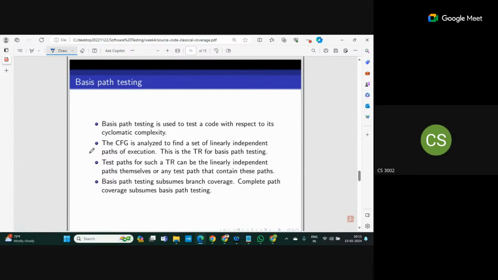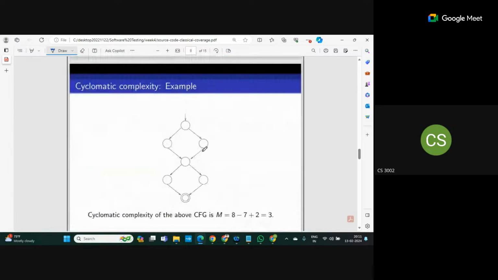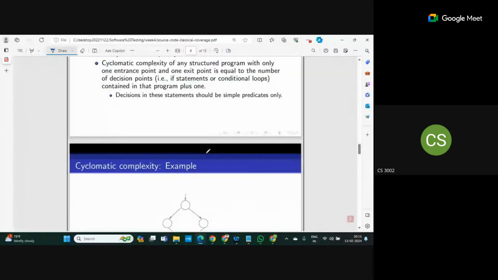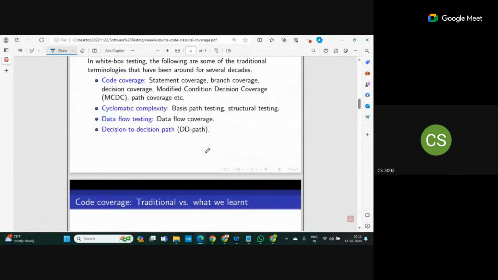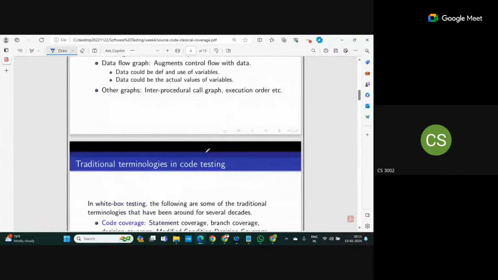So what exactly do we mean by branch coverage? Branch coverage is very similar to the edge coverage thing, actually. It's basically a traditional testing. We haven't covered it in week one or two, right?